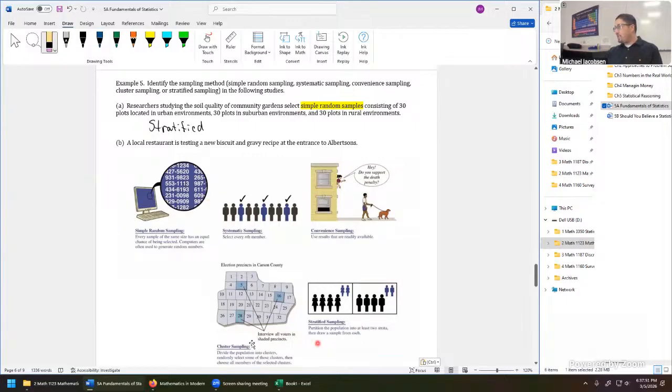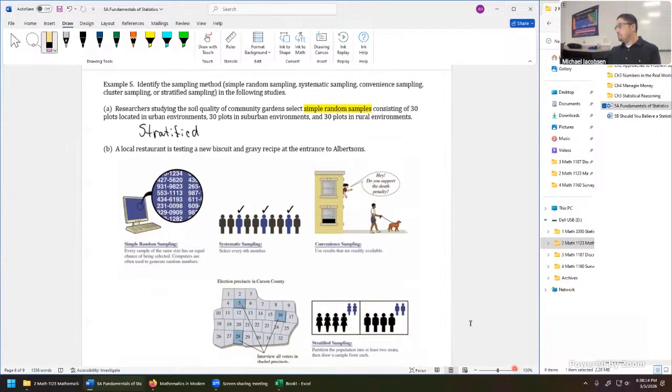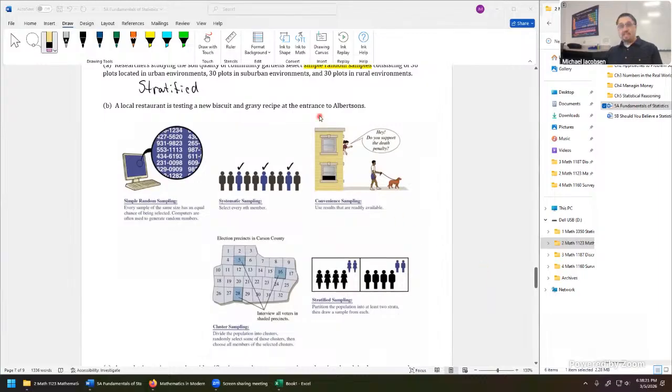Between these 5 different sampling designs, which one is this? Yeah, I agree with Amy. This one's a convenience sample.